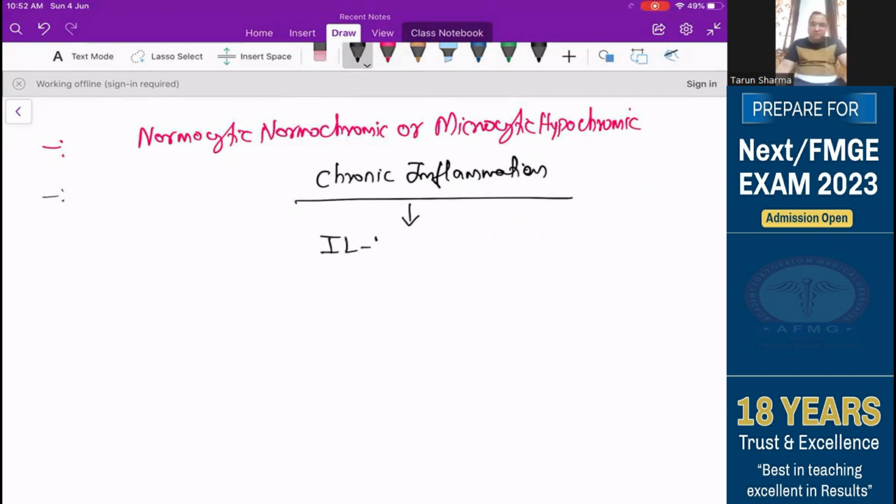These are all important chemical messengers which will be increased whenever there is inflammation.